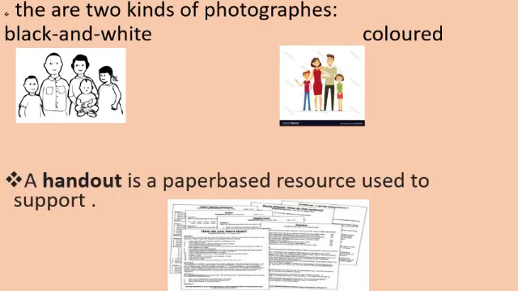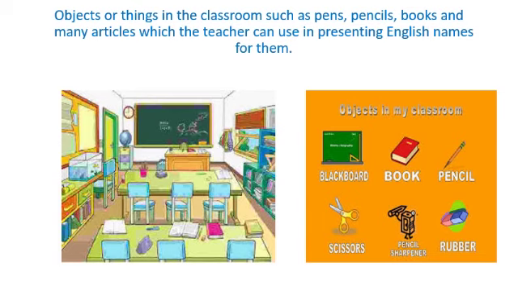A handout is a paper-based resource used to support the lesson. Objects are things in the classroom, such as pens, pencils, books, and many articles which the teacher can use in presenting English names for them.